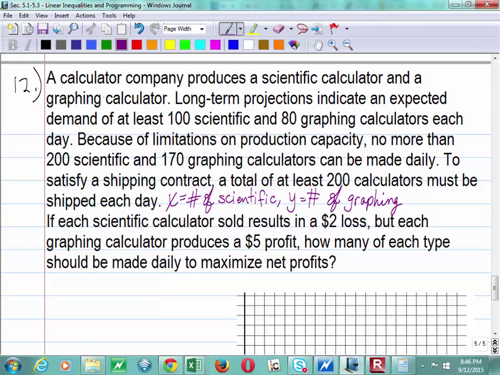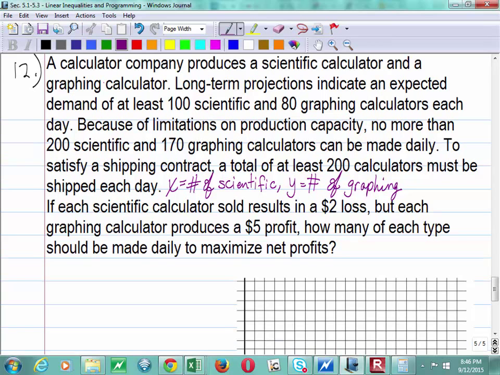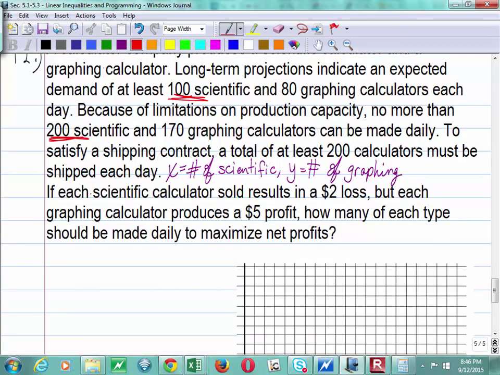So they need to make at least 100 scientific and at least 80 graphing, but no more than 200 scientific and no more than 170 graphing. So x has to be between 100 and 200, and then y has to be between 80 and 170.